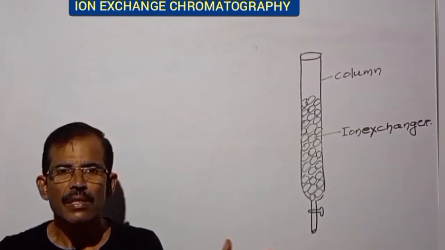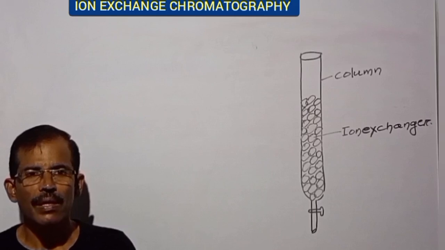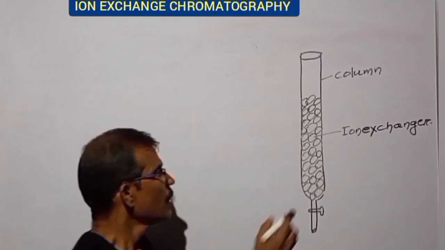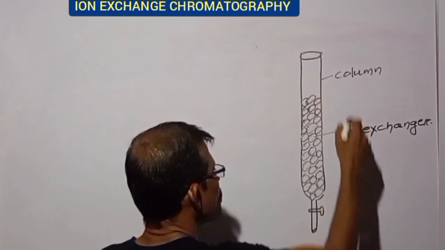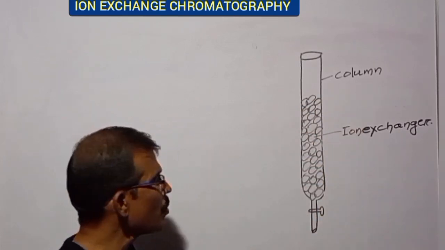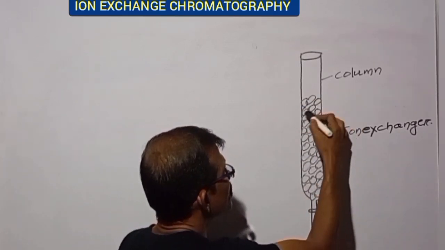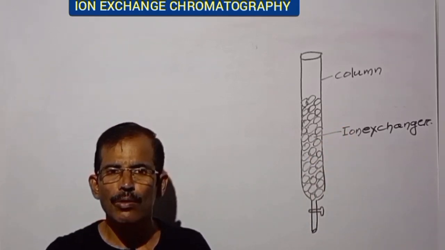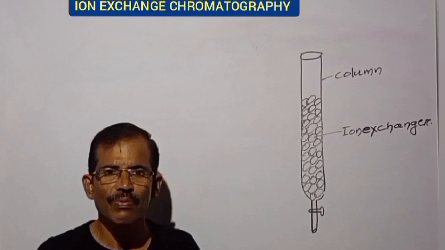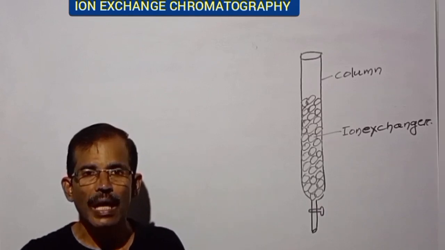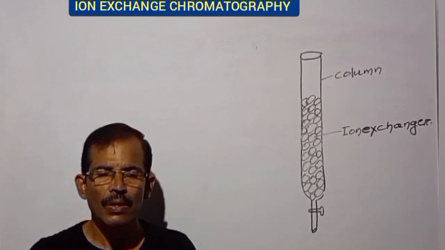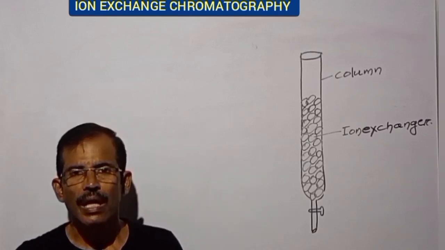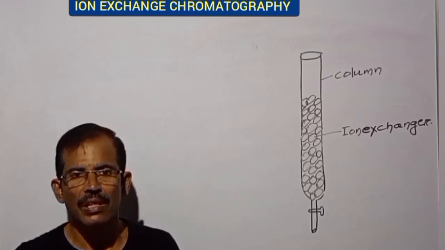As already mentioned, ion exchange separations are usually carried out in column mode. This is a column which is packed with a suitable ion exchanger. The ion exchangers can be covalently bound to positively charged functional groups in case of anion exchanger, or to negatively charged functional groups in case of cation exchanger.